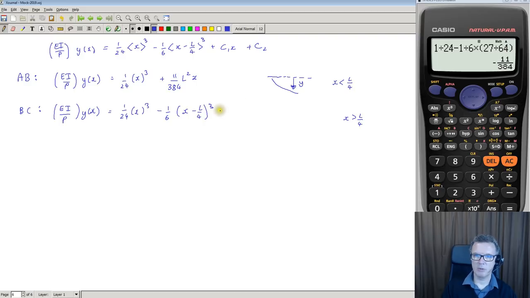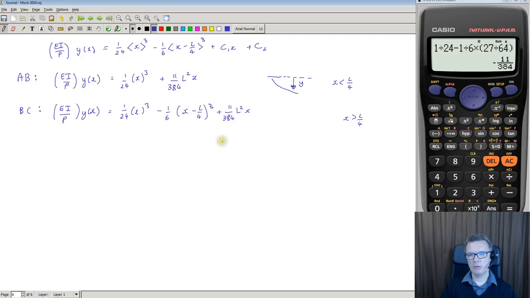Okay, my C1 is 11 over 384. That number doesn't look particularly nice to me, so I'm a bit worried whether this is correct. L squared x, C2 is 0.